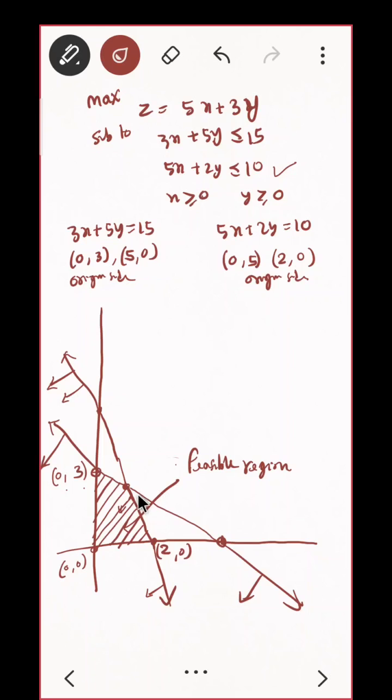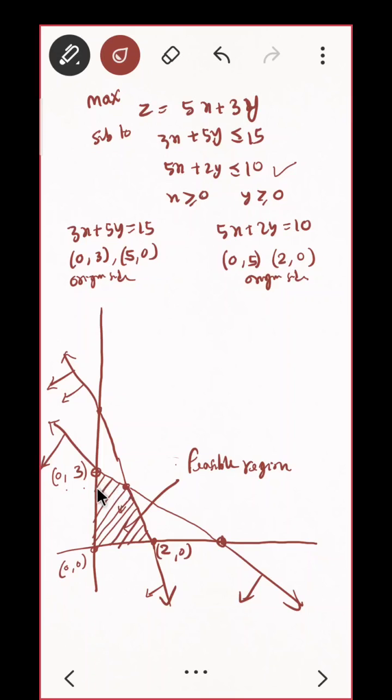Yeah, perfect, very nice. This point is the intersection of two lines. So if we solve these two lines, that is a simultaneous equation, then we will get that intersection point. Very nice, correct? So that's how you can get the point.